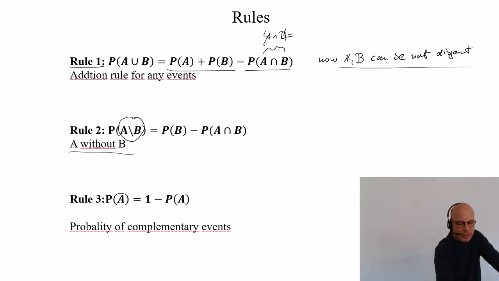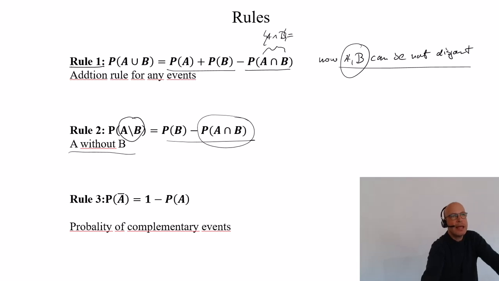And since we have some overlap, or we could have some overlap between A and B, this means then that we obtain the probability of A minus the probability of the event when A and B happen together.